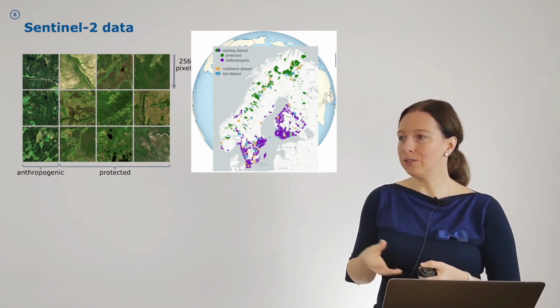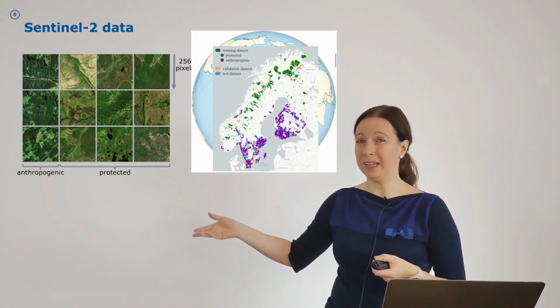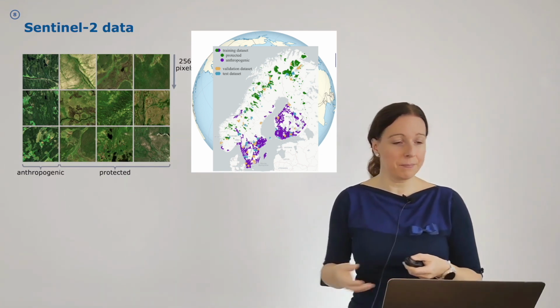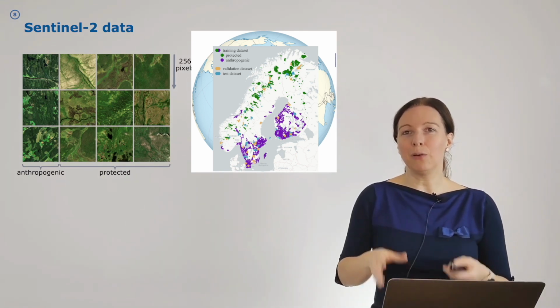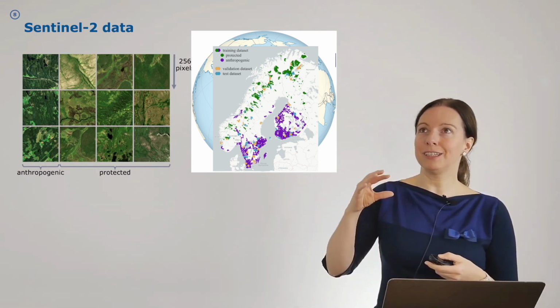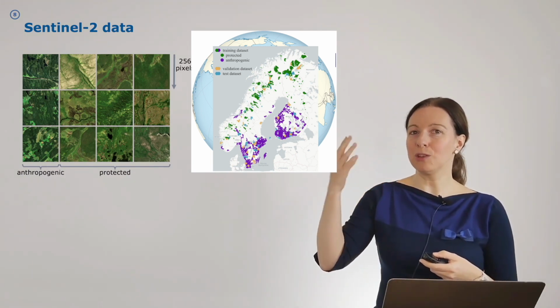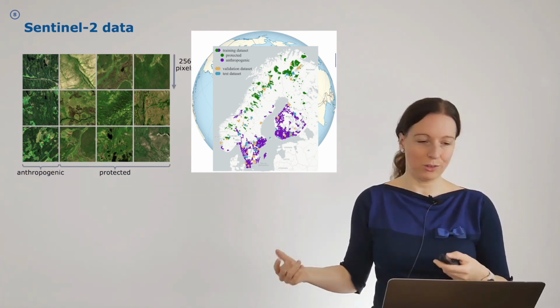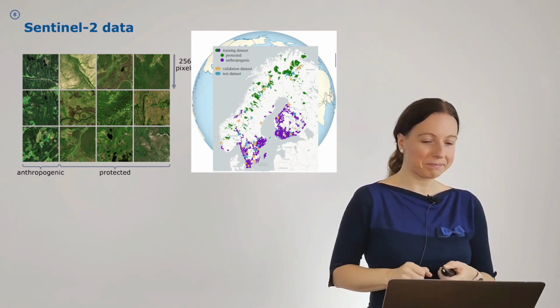The anthropogenic areas are also quite green and have trees in them. So it's not the only appearance for wilderness. It was our first thought, and our first thought was just not correct.